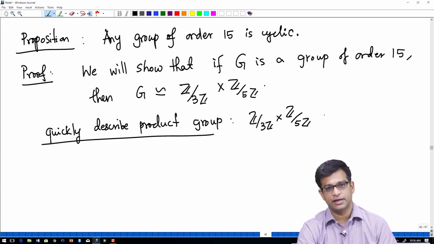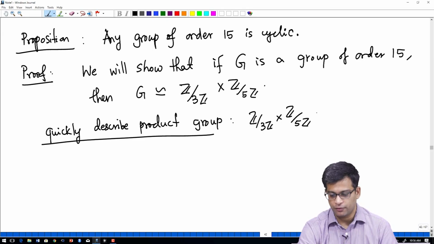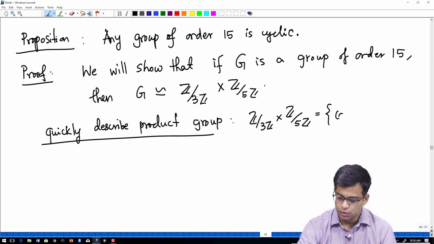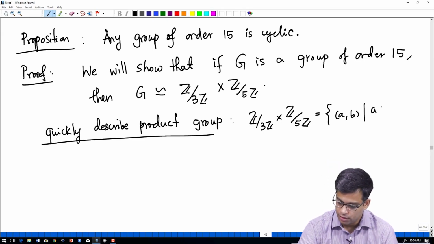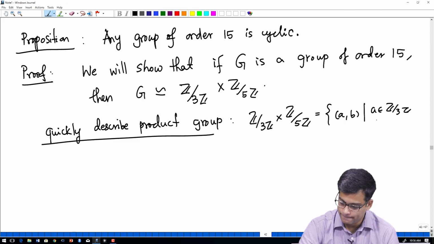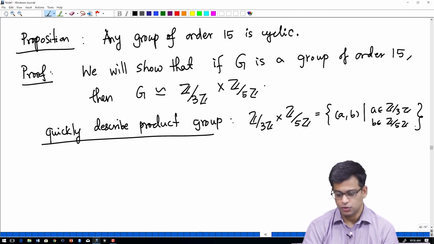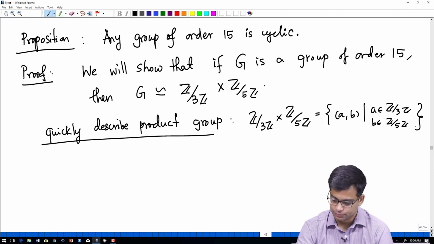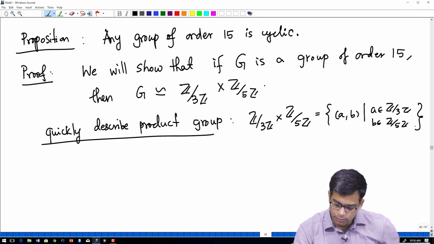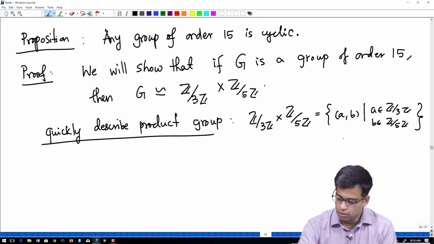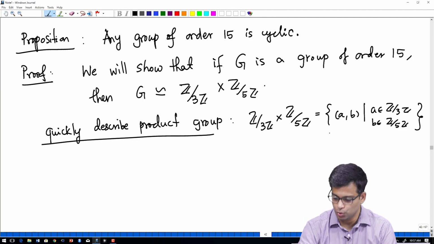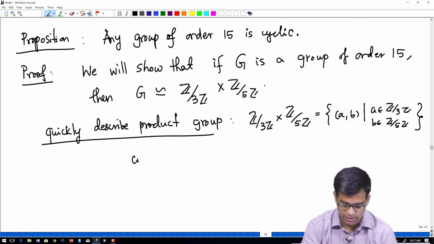So remember, Z mod 3Z is a cyclic group of order 3, Z mod 5Z is a cyclic group of order 5. So we take elements A comma B, the first one in Z mod 3Z, the second one in Z mod 5Z, and we add them. So I am going to use additive notation here. It does not matter what notation you use, but we do it component wise.